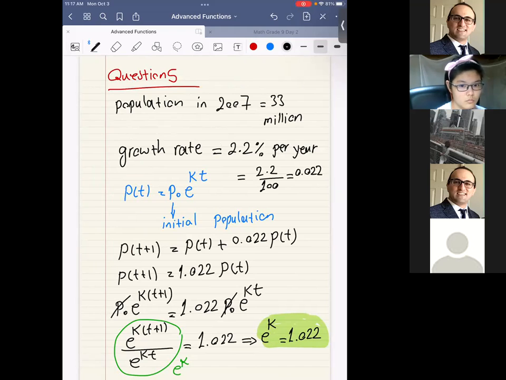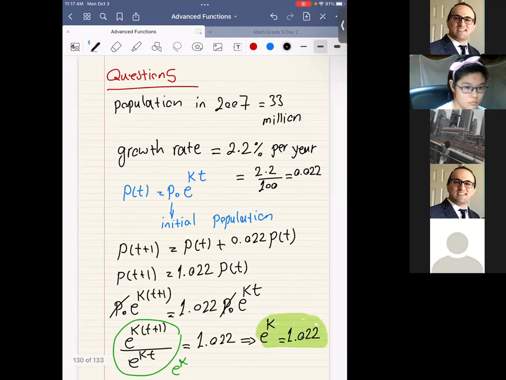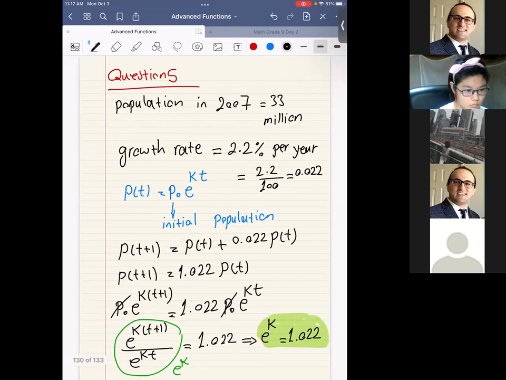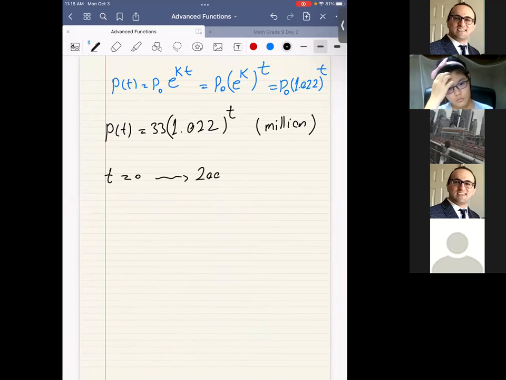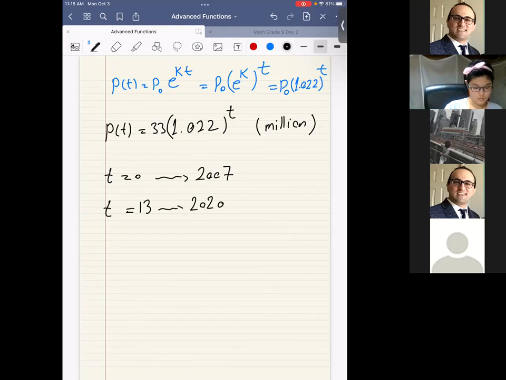The initial year is 2007, that's t equal to 0. So what is t in 2020? 13. You just plug in and we'll get the approximate value.